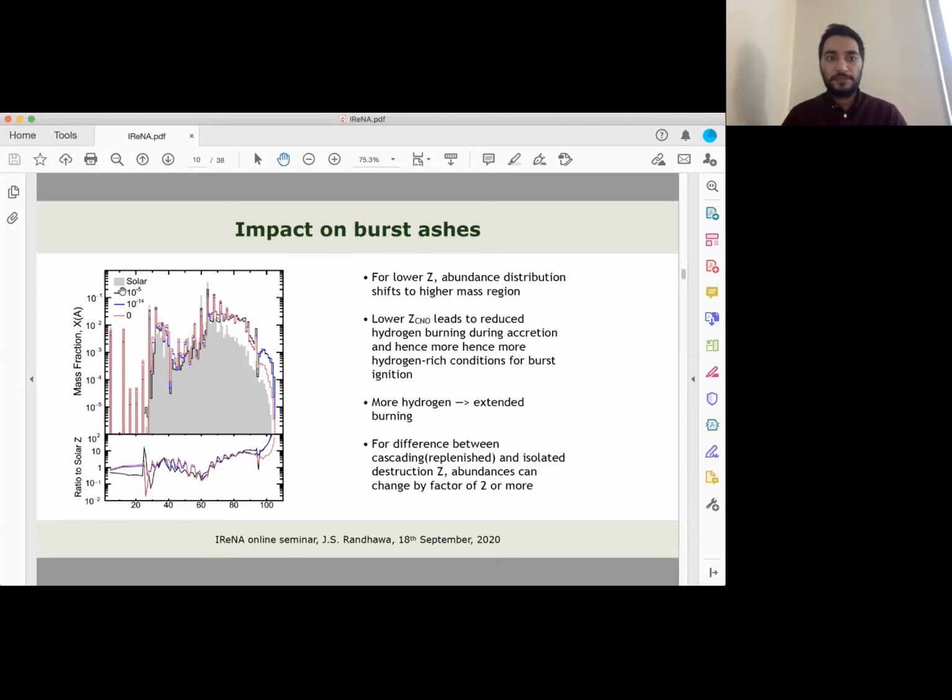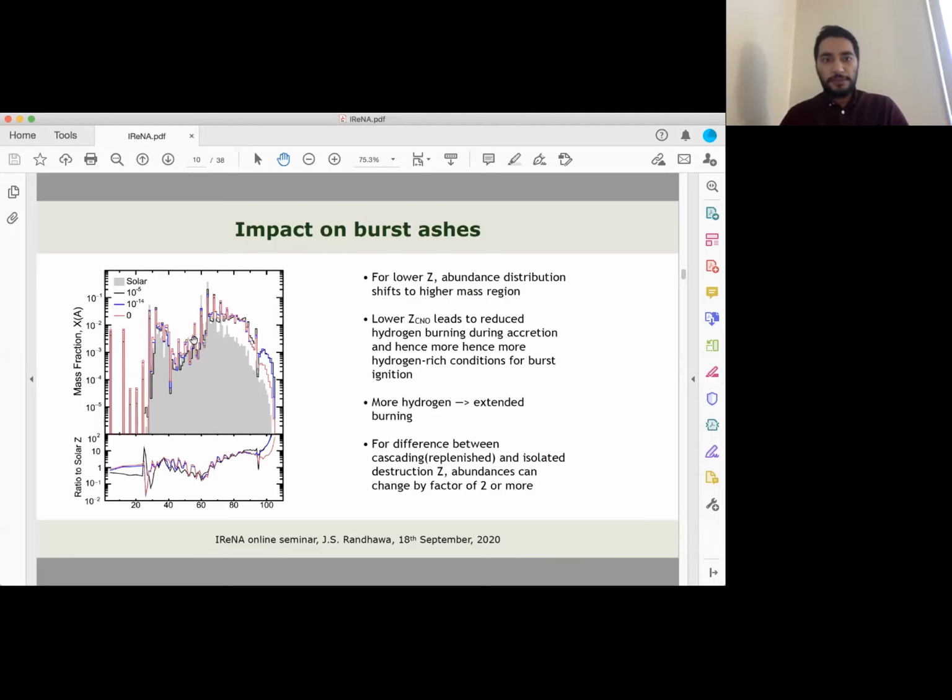higher mass region. The gray filled histogram you see here is for the solar, and the line histograms are for the different values of CNO metallicity, or the overall metallicity, which is mostly CNOs.